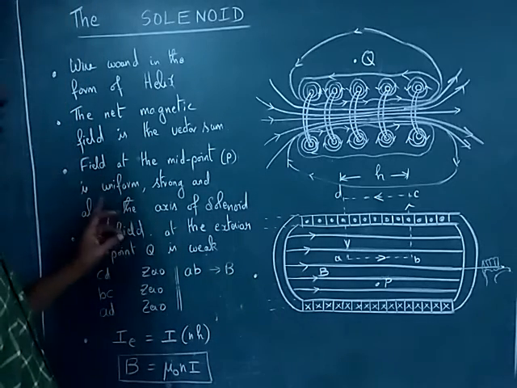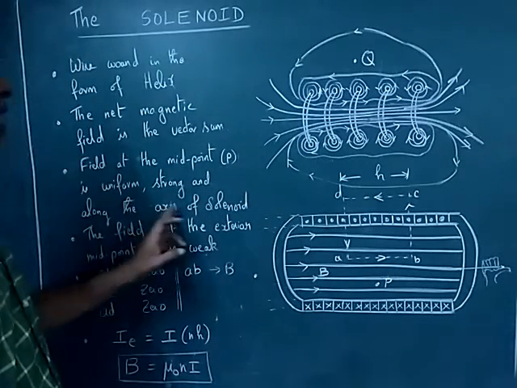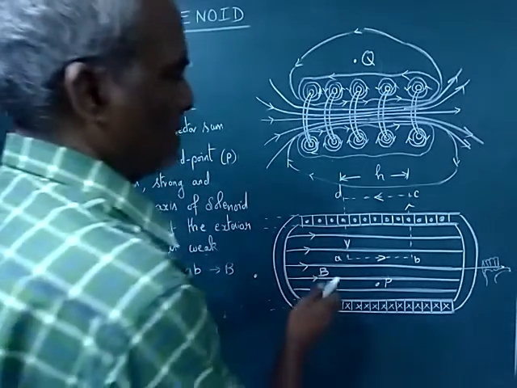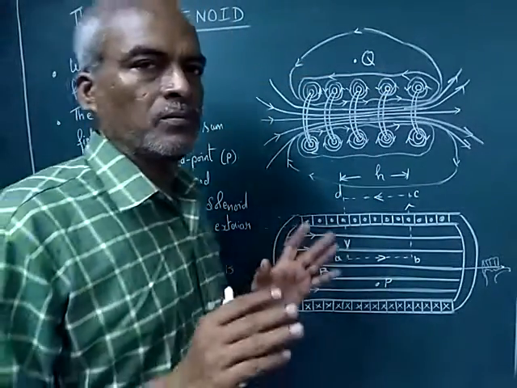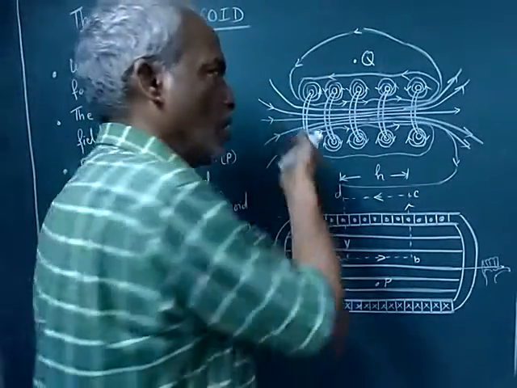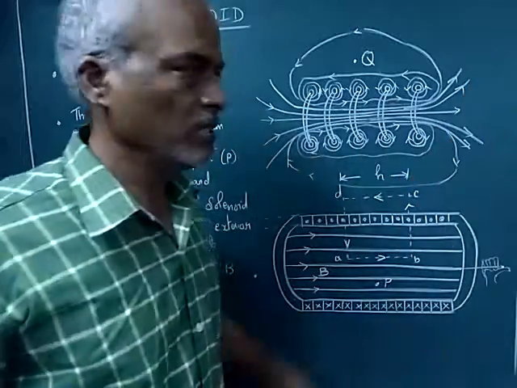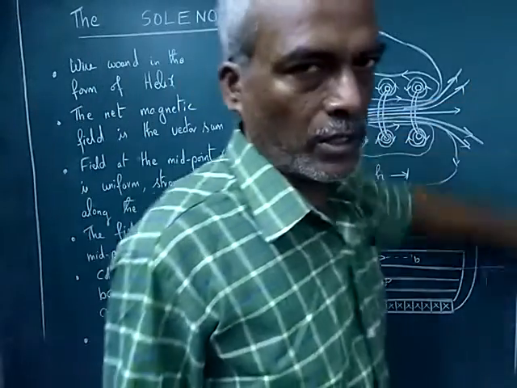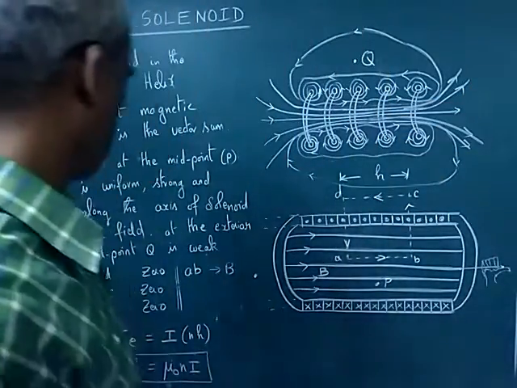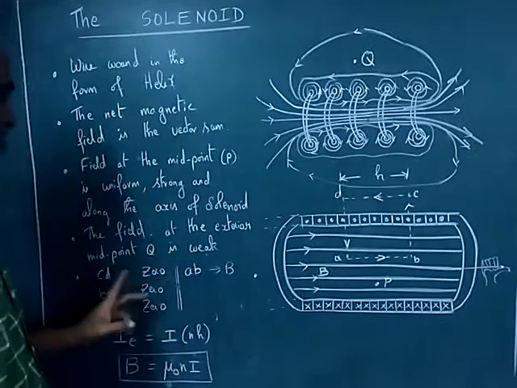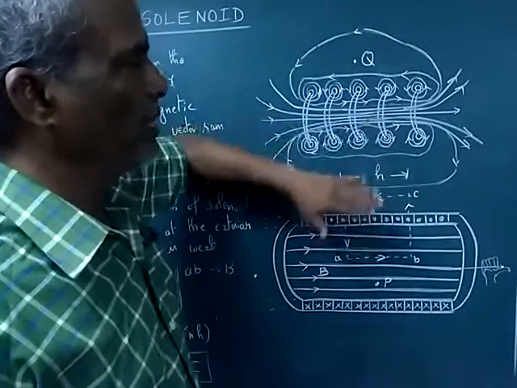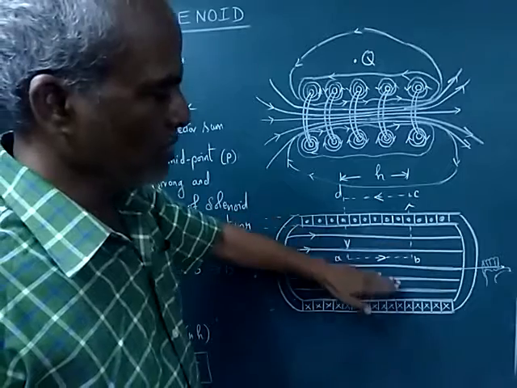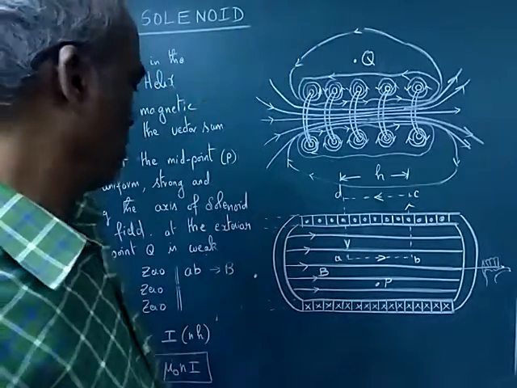Field at the midpoint P is uniform, strong and along the axis of the solenoid. This is the axis of the solenoid. This point you have to remember. Okay. The field at the exterior midpoint Q is weak. Now if you consider some other point here, P is strong. Here it is strong, whereas outside it is weak.